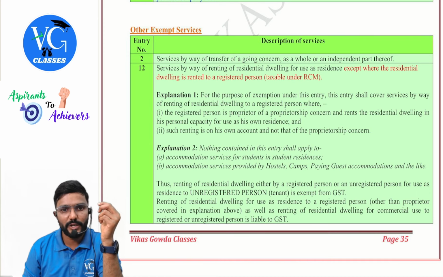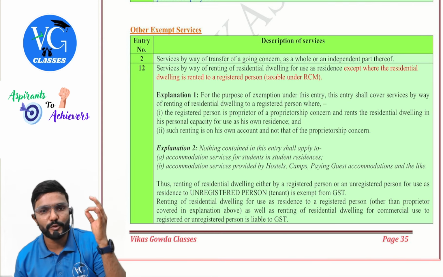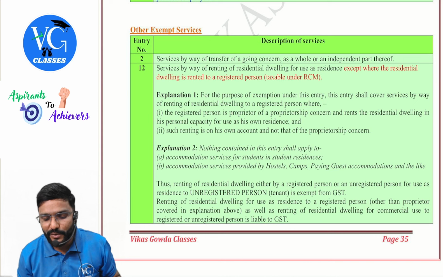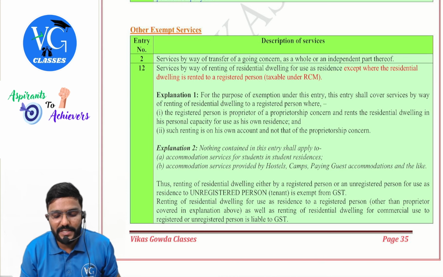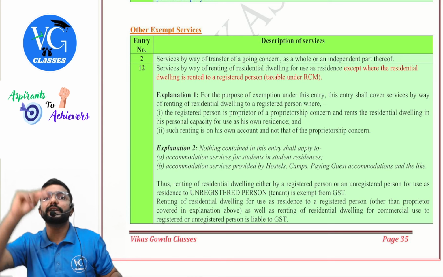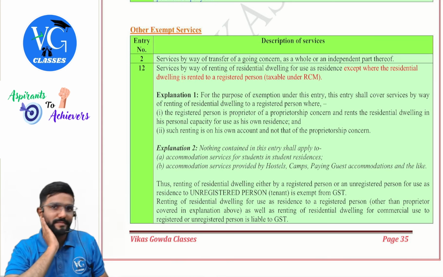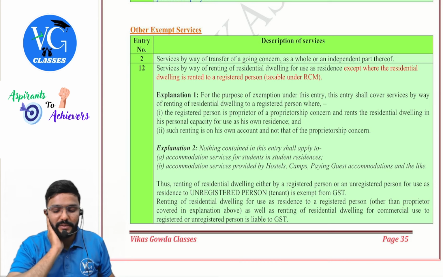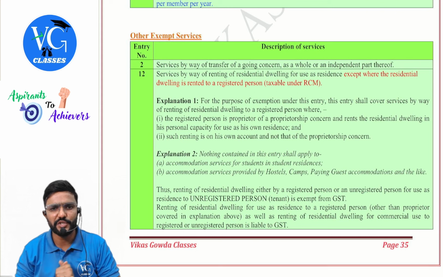Next, 12. Services by way of renting of residential dwelling, connected to RCM also. Residential dwelling for use as residence, except where the residential dwelling is rented to a registered person. Guys, if tenant is registered, RCM. If tenant is not registered, exempt. Explanation they gave, that is for sole proprietor. Listen here.